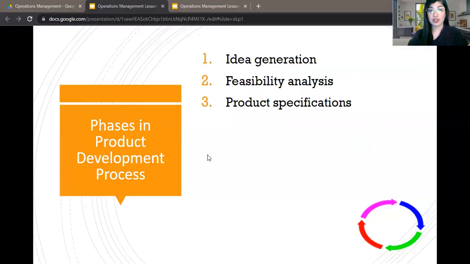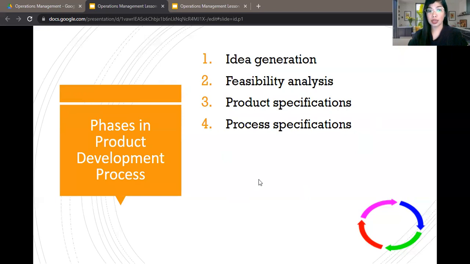For the product specifications, this involves detailed descriptions of what is needed to meet or exceed customer wants and requires collaboration between legal and marketing and, of course, operations. Then for the process specifications, once product specifications have been set, attention turns to specifications for the process that will be needed to produce the product.